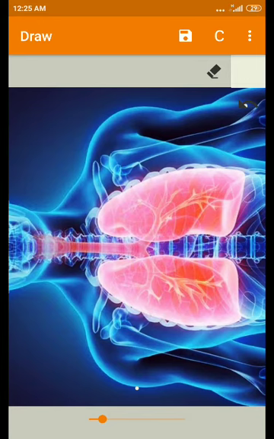Once the tissue destruction occurs with disease, what will happen? Normally the lung has the elastic recoil property, isn't it?